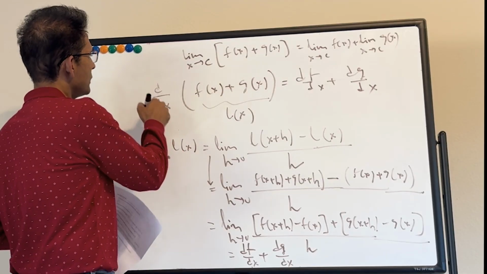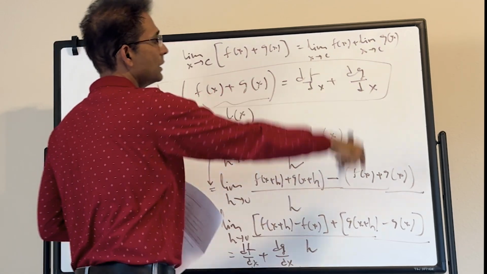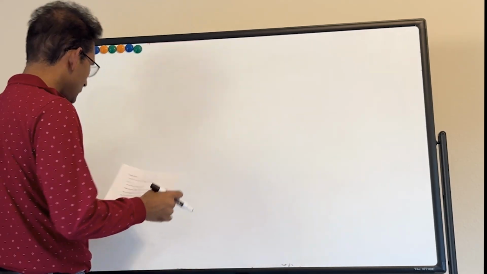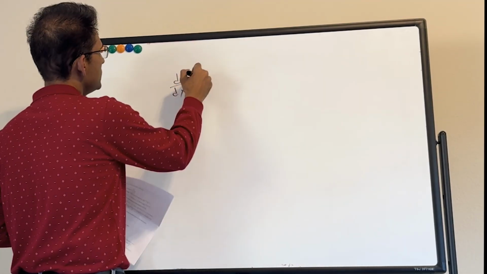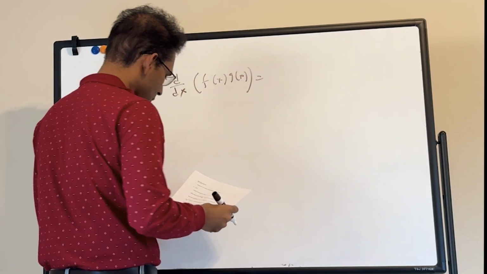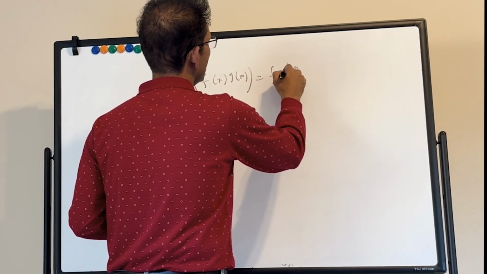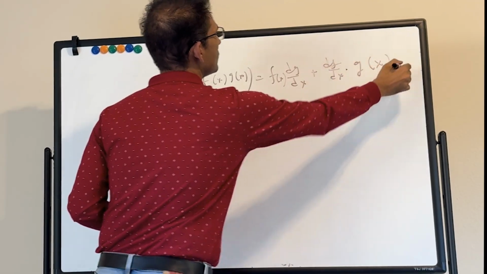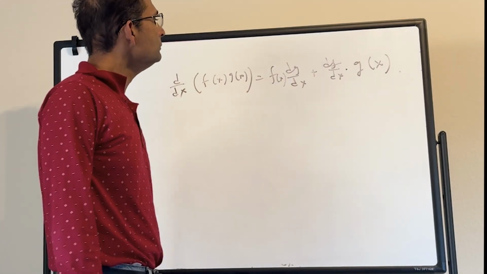So the first rule is this: d/dx of f plus g is df/dx plus dg/dx. Next, the next rule involving derivatives is the following: d/dx of f(x) times g(x) is equal to f dg/dx plus df/dx g(x). This is called the product rule. So if you have two functions, this is how it works.